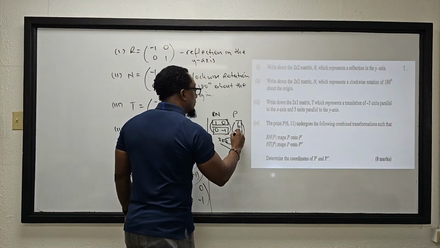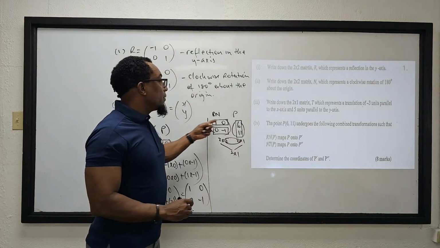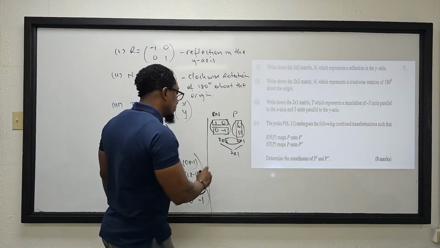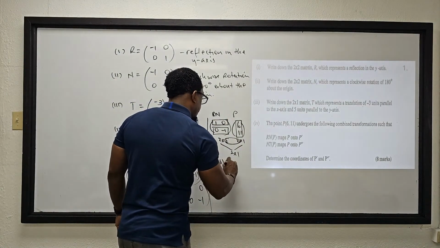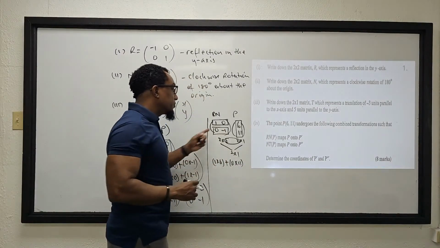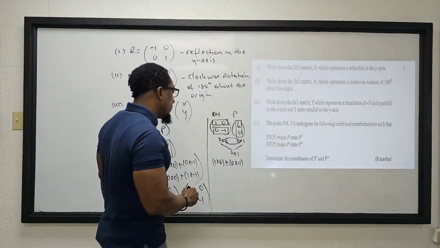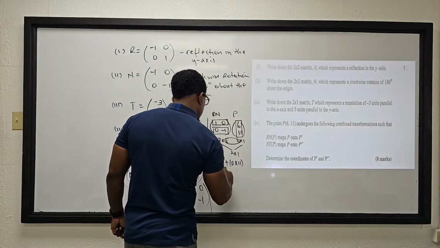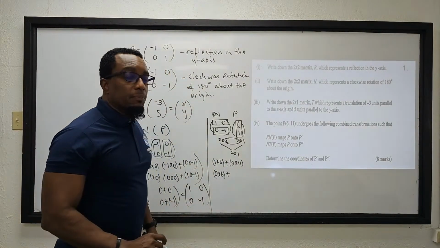So let's multiply. This is taking the rows of the first by the only column. So I'm going to multiply row by column. 1 by 6 plus 0 by 11. Second row by my only column, 0 by 6 plus negative 1 by 11.